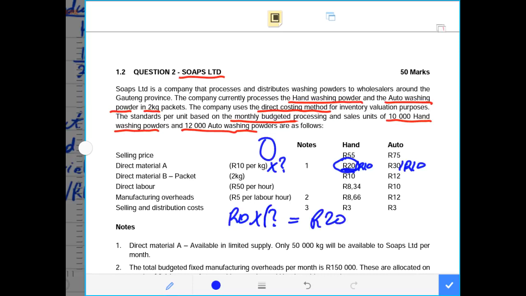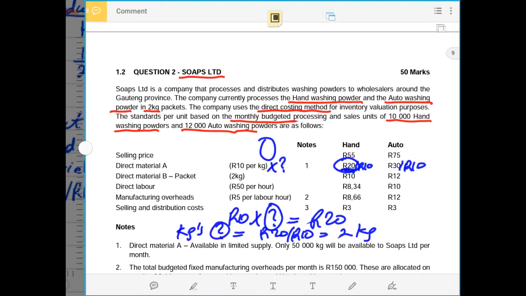So now we are looking for the question mark, which is the number of kgs. So the question mark, which is the kgs, is equal to 20 Rand divided by 10 Rand. So that's exactly what we're looking for, and the question mark being the kgs per unit. Therefore, that's why we get to the 2 kgs per unit.